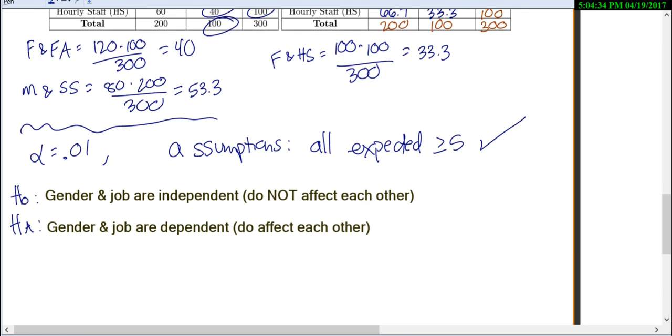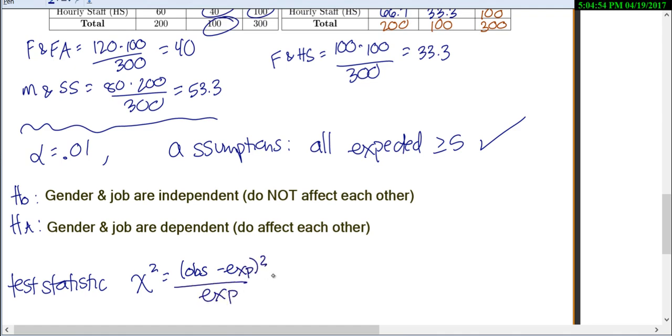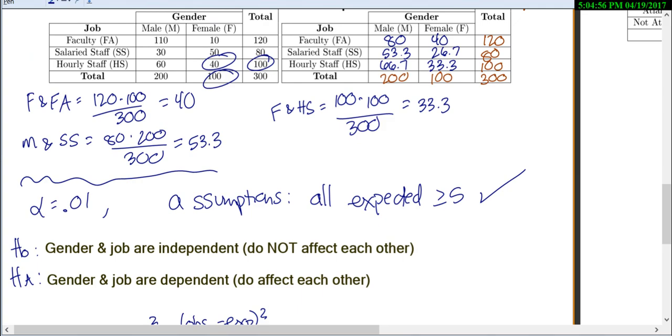Then the next step is always find a test statistic. Chi-squared, our test statistic, is equal to each observed minus expected value squared over the expected. This is what takes quite a bit of time to do.